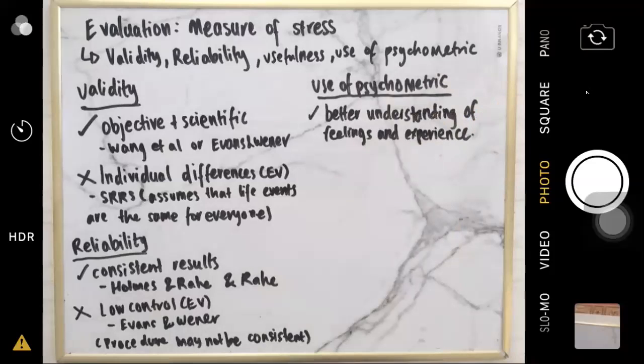Let's say, for example, the first study, Wang et al., the one where they had to do fMRI. They were stressed out, right? Why were they stressed out? Because they were doing a mental arithmetic test.